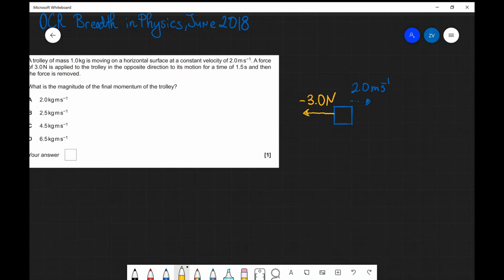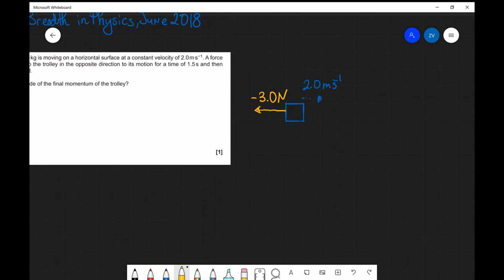Okay, well, if we're linking forces and momentum, we're going to have to use Newton's second law. And that is that the net force on an object, let's call that F, is going to equal the rate of change of momentum. Let's figure out by how much the momentum has changed.